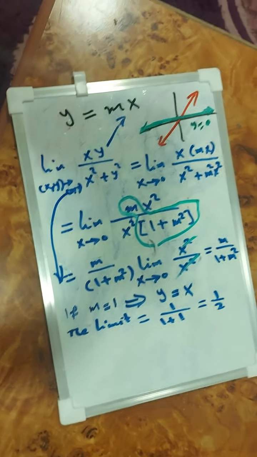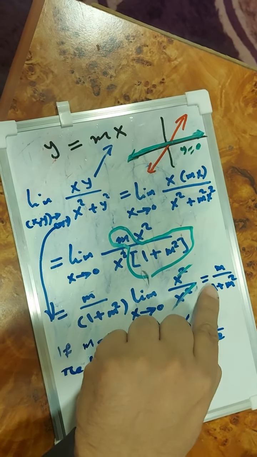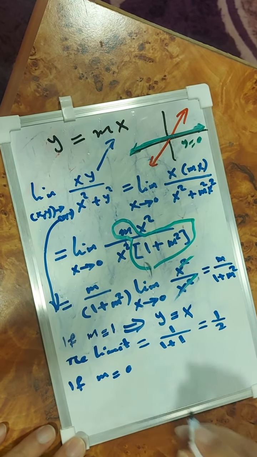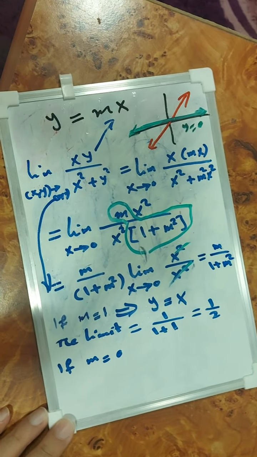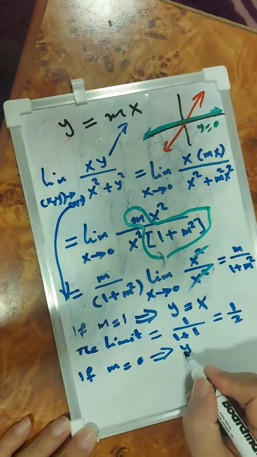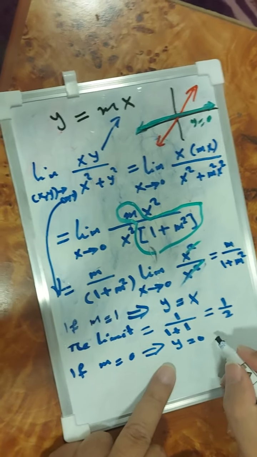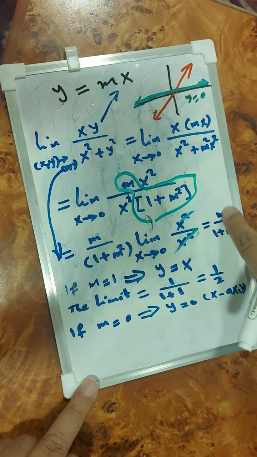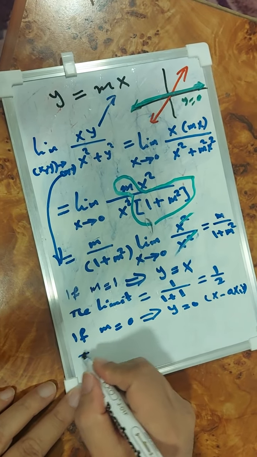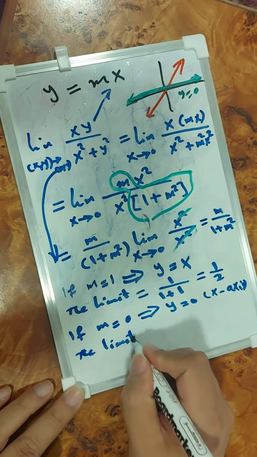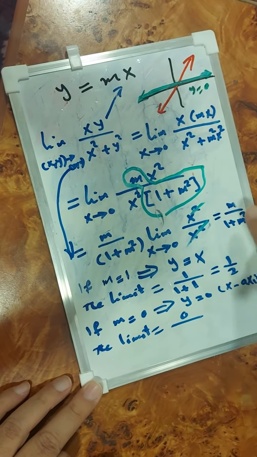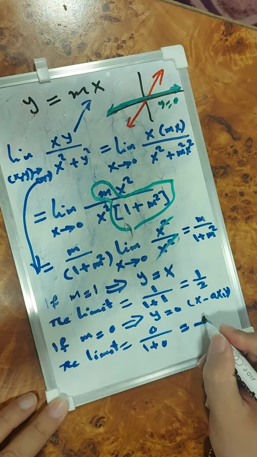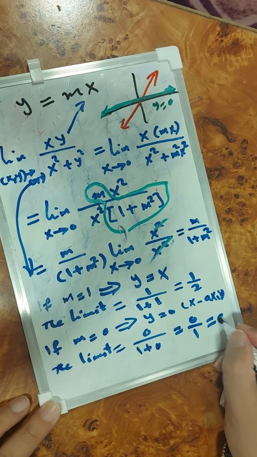If we replace m equals 0 in this formula, the limit equals 0 over 1 plus 0 squared, so 0 over 1, which equals 0.